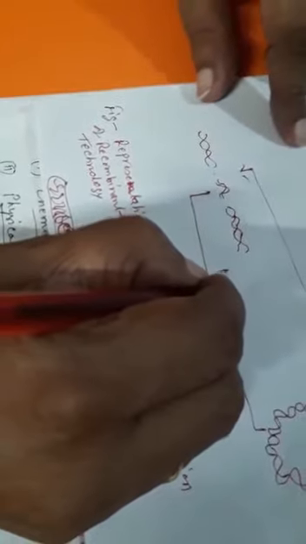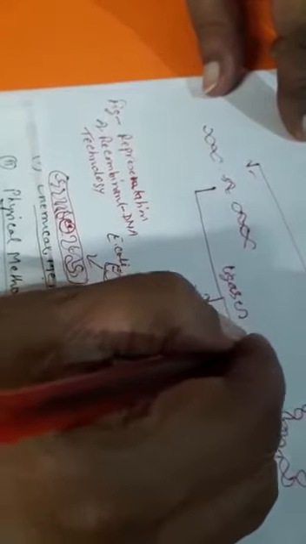Ligases join foreign DNA to plasmid. So these are the structures of recombinant DNA.